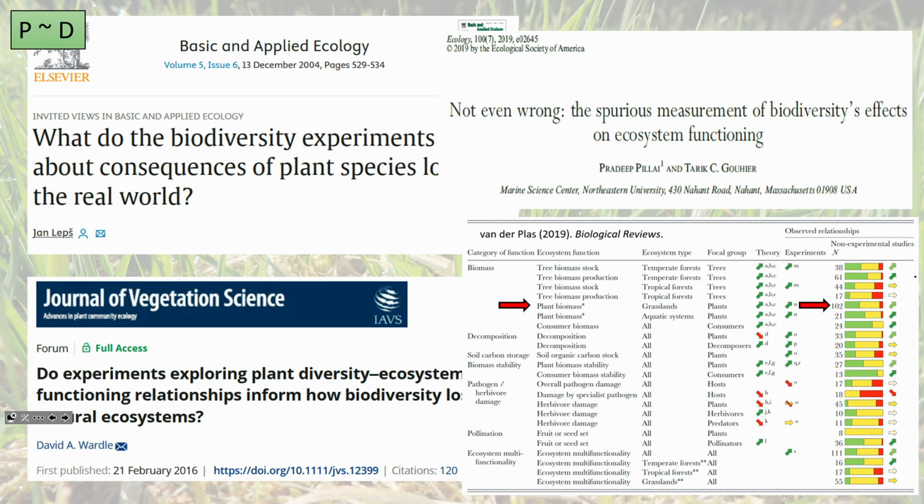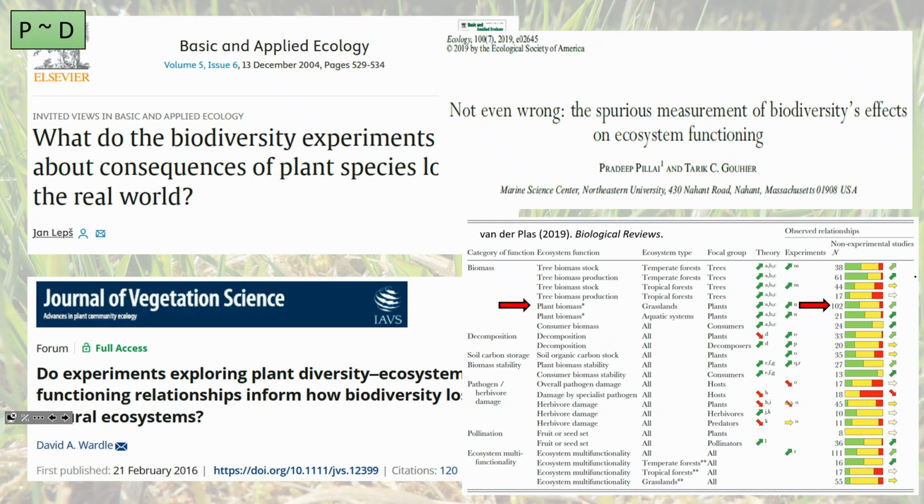And this is a nice review and meta-analysis testing whether theory holds. Here it's grasslands, here for aboveground biomass, but they look at many other habitats and many other functions, but we are interested in this. The theoretical relationship is positive, that's what I have told you.